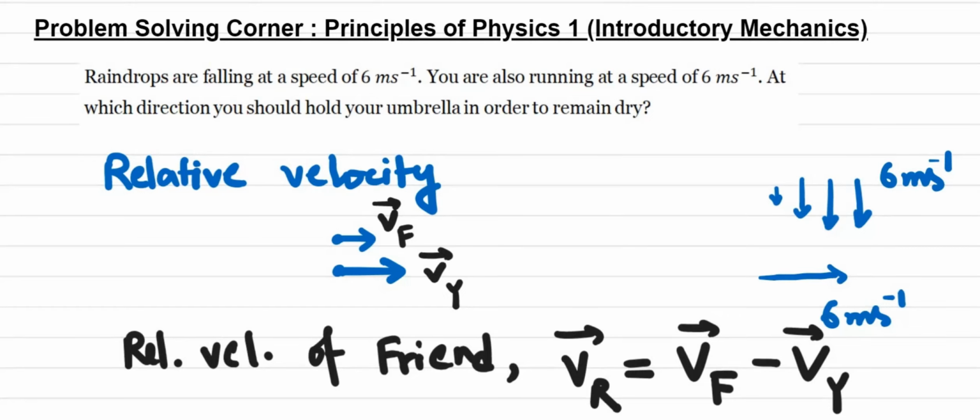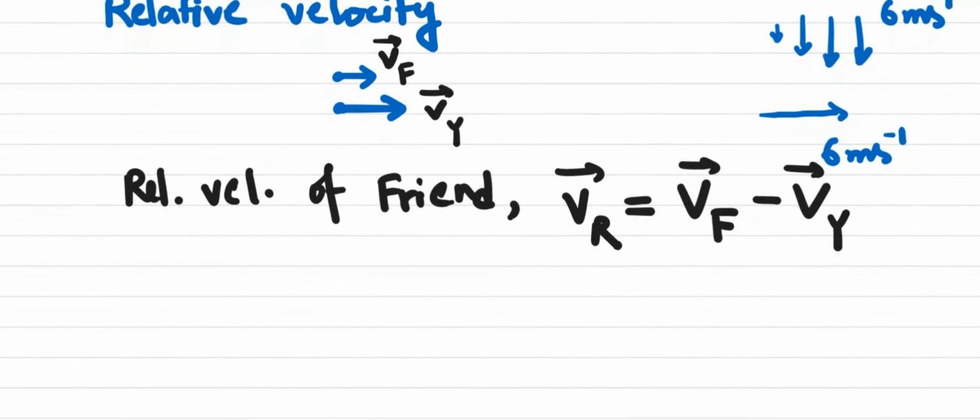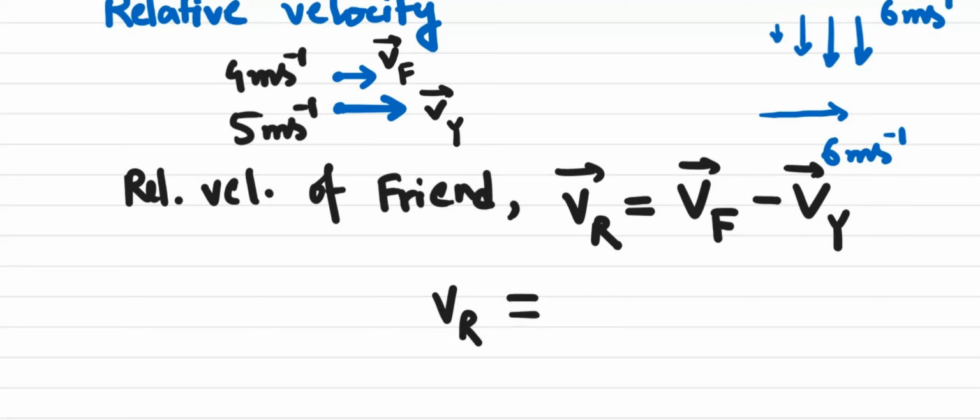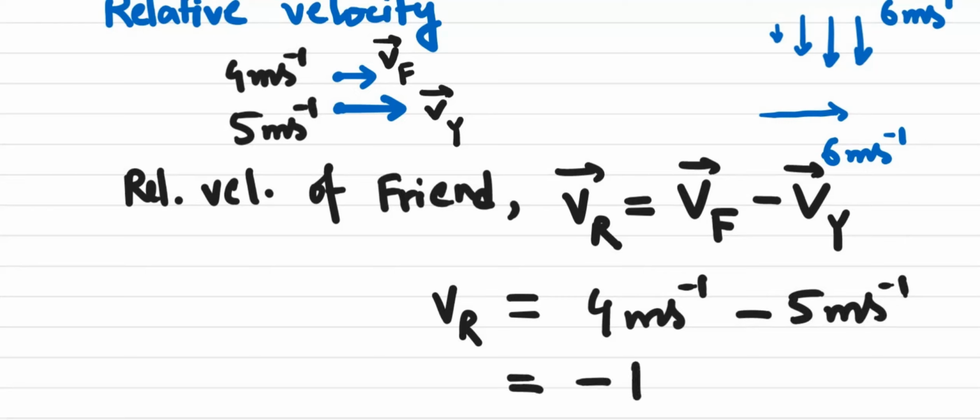To understand the concept more concretely, suppose your friend is moving at 4 meters per second, and you are moving at 5 meters per second. Your friend's relative velocity Vr, since it's a one-dimensional motion, is Vf, which is 4 meters per second, minus your velocity, which is 5 meters per second, and this gives us negative 1 meter per second.